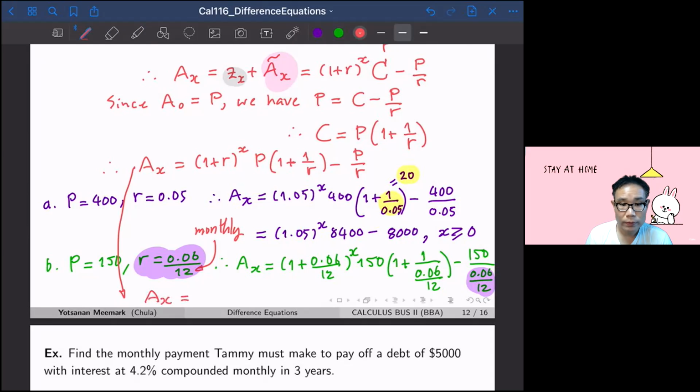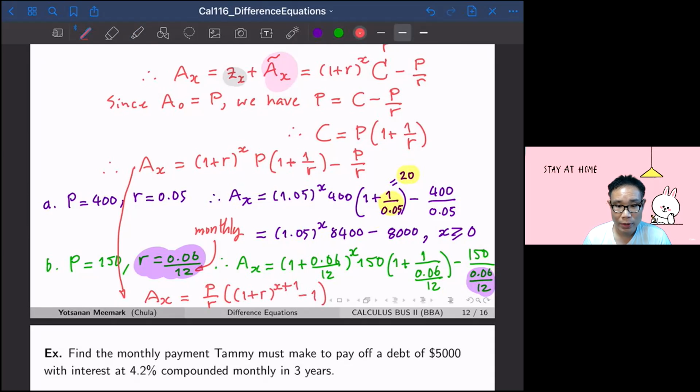Okay, so you see that you're going to have A(x) equal to P over R, and you get 1 plus R to the x plus 1, minus 1. Okay, so that will be just a simplification of that long formula, right? So it is 1 plus R to the x plus 1.